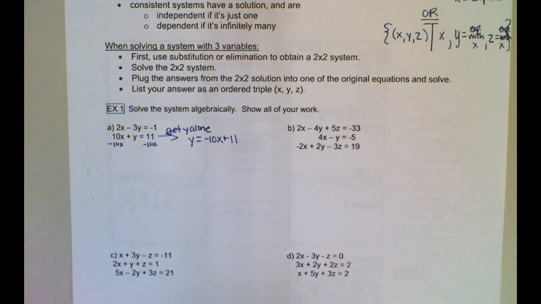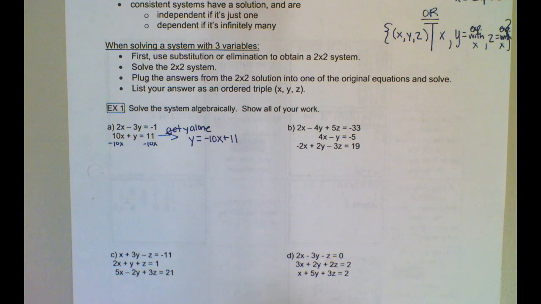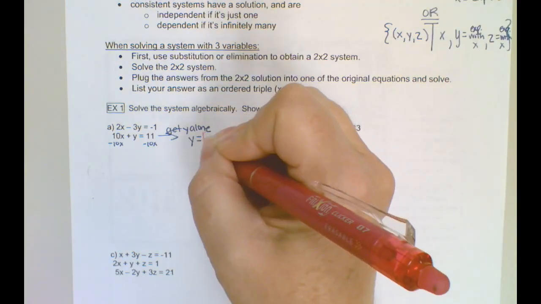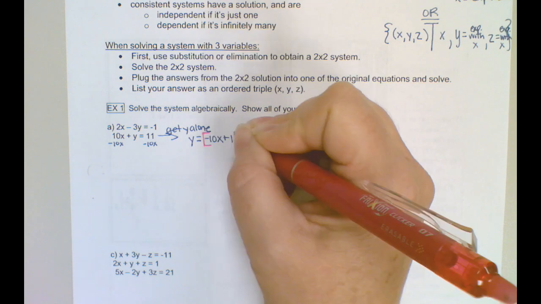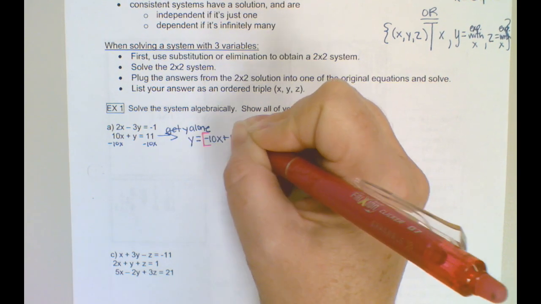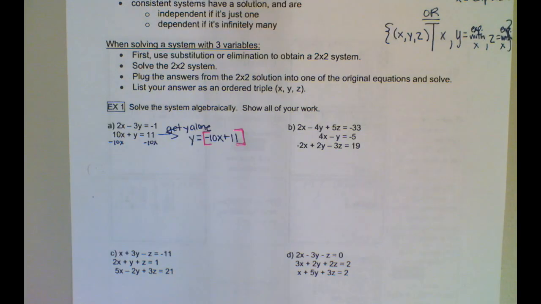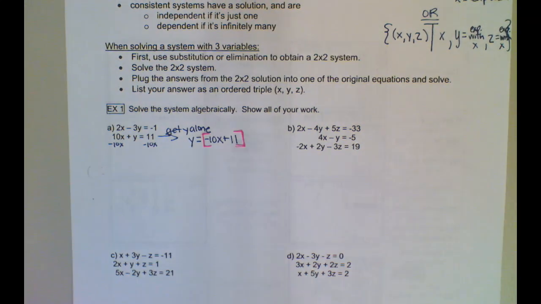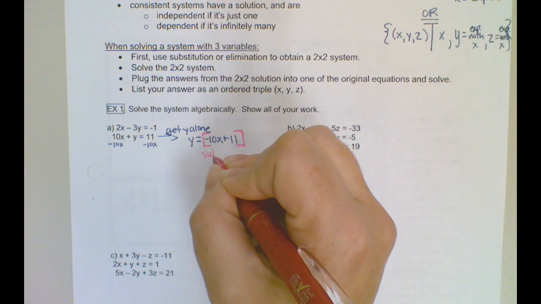And when I have isolated one of my variables, so x or y from one of the equations, the reason I do that is so that I can substitute the expression. So this guy right here, negative 10x plus 11, is equal to y, which means it is the same as y.